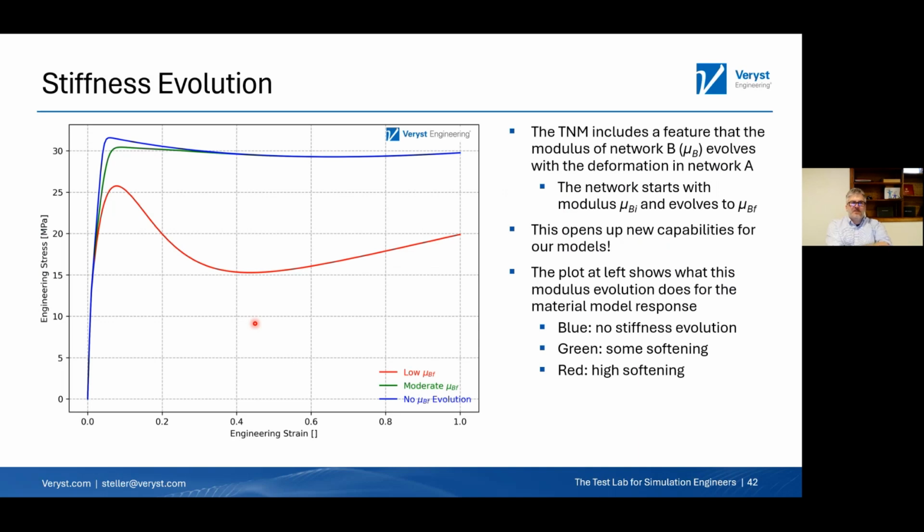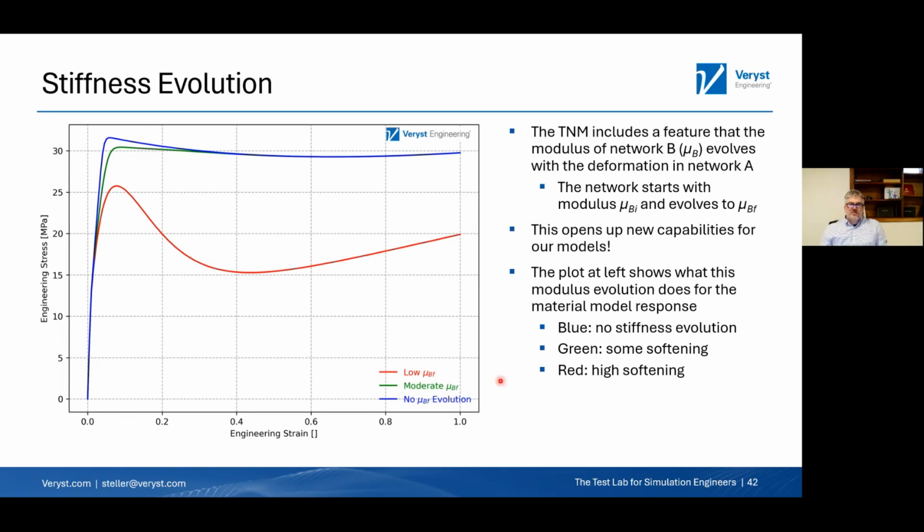The most interesting thing about this is a stiffness evolution term, which dictates how one of the 3 networks, network B, how the stiffness of that network evolves and changes based on the deformation in network A. And so it starts with an initial stiffness, mu bi, and evolves to a final value, mu bf. And this really is some sort of damage modeling or softening model, and it opens up a lot of capabilities and physics that we can capture.